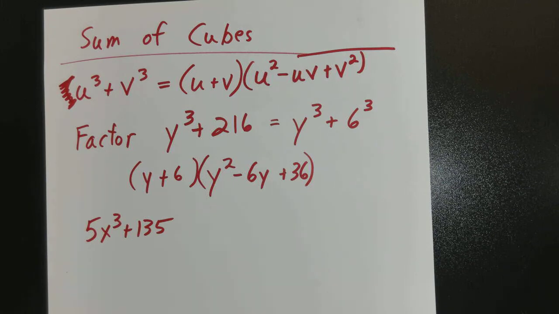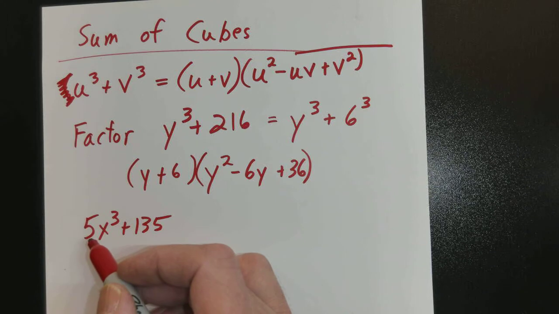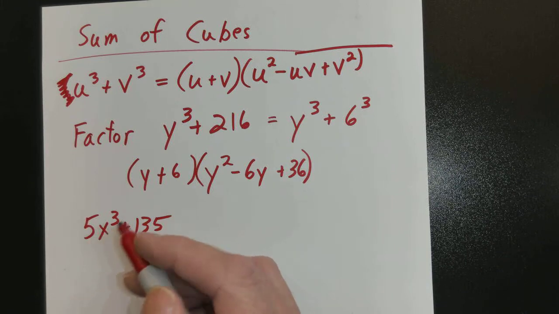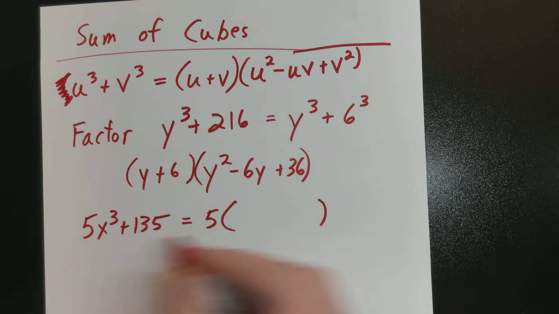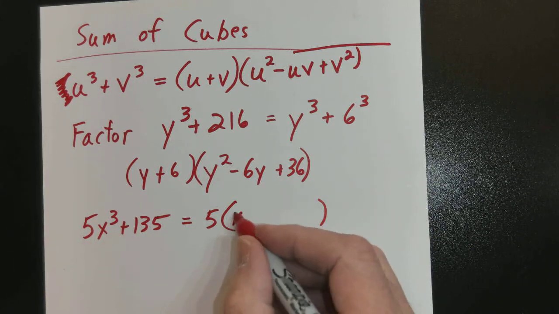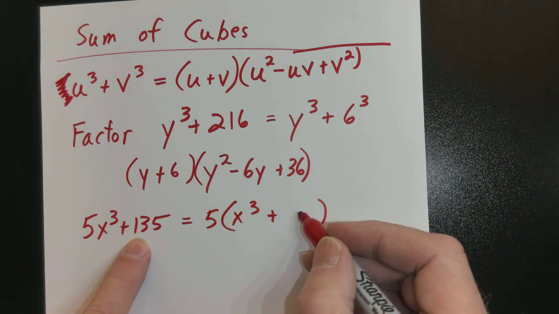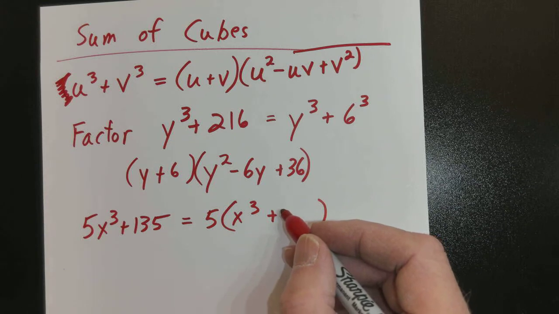And that's the case here, right? 5 is a factor of 5x cubed and 135. What's this one? 27. All right, good, Mackenzie.